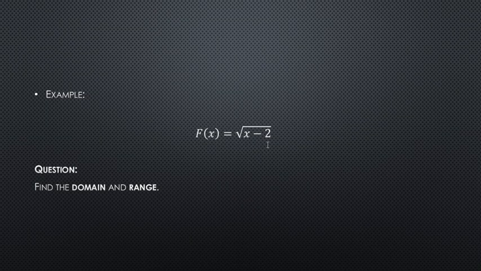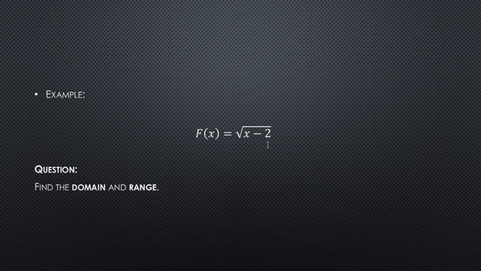For a square root function, the expression inside the square root must be greater than or equal to 0. Therefore, x minus 2 must be greater than or equal to 0. So, x must be greater than or equal to 2. Therefore, the domain is from 2 to infinity.